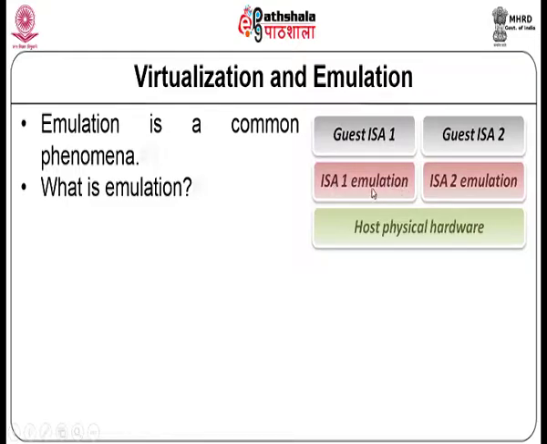So, this emulation layer is emulating in software the physical hardware of ISA 1, but it is running on this particular ISA which is different from ISA 1. Similarly, if this is not ISA 2 either, then this emulation layer will emulate in software the behavior of ISA 2, although it is not running on ISA 2, and this guest of ISA 2 will interact with this emulated environment, and this emulated environment in turn will interact with the physical ISA.